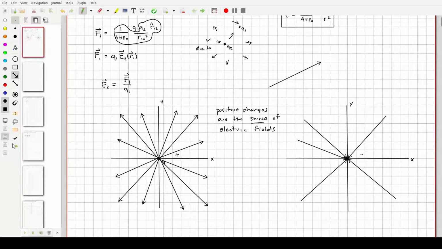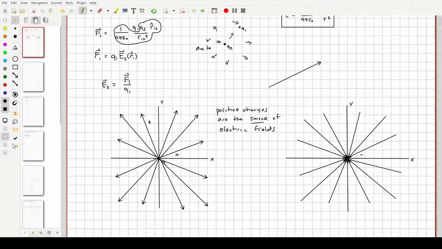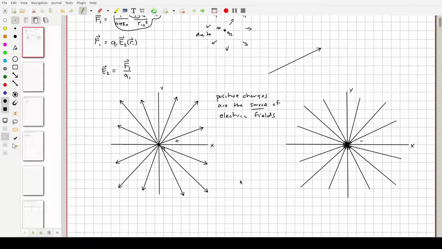I'm just going to draw a few of them, like this. To be clear, there are literally an infinite number of these things, but we're just drawing a few of them here. So, in this case, what we say is that negative charges are the sink of electric fields.